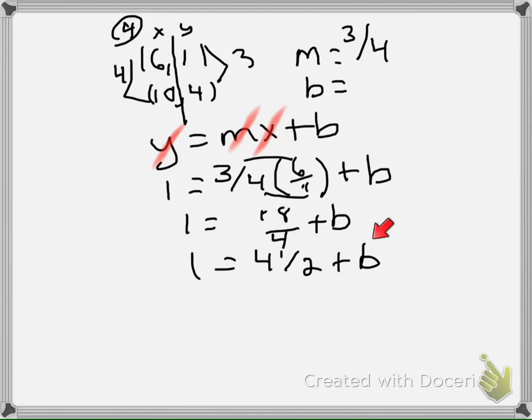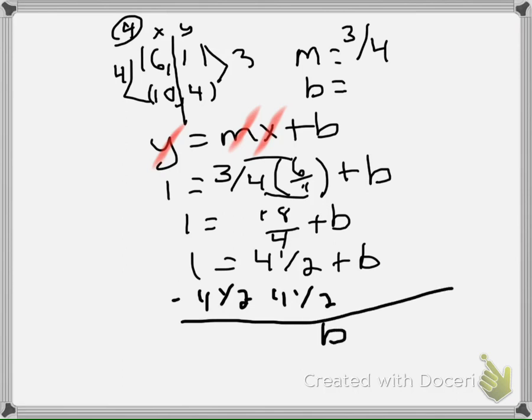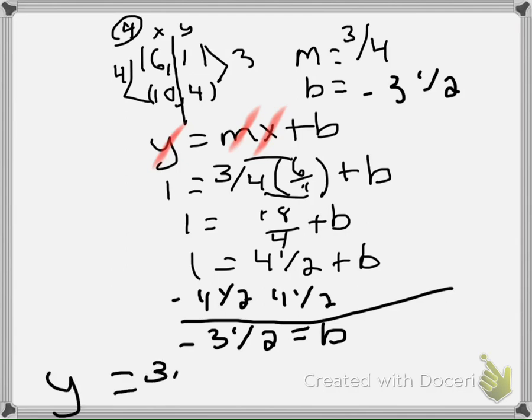How do I get the b by itself? Subtract 4.5 on both sides. It's going to give me negative 3.5 here. Write it up here. And we're ready to write our equation. Y equals m x minus 3 1/2. And you are done.